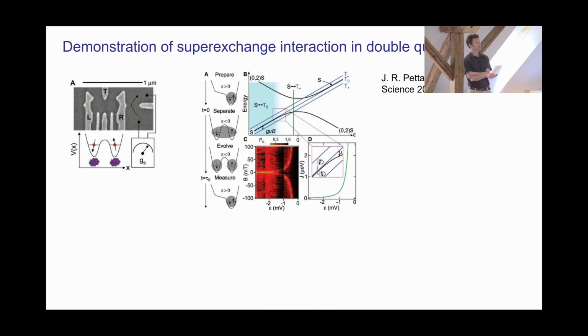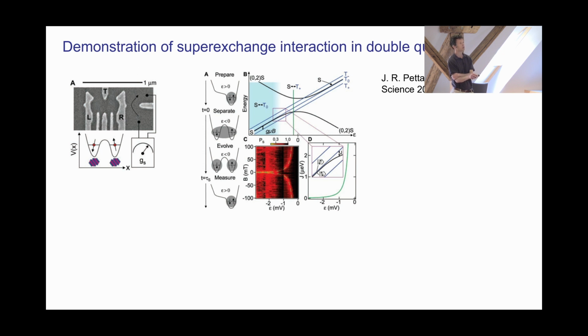If we look at how this experiment was implemented, it's conceptually very similar to what people did just a few years ago with a double quantum dot to demonstrate spin exchange interactions.